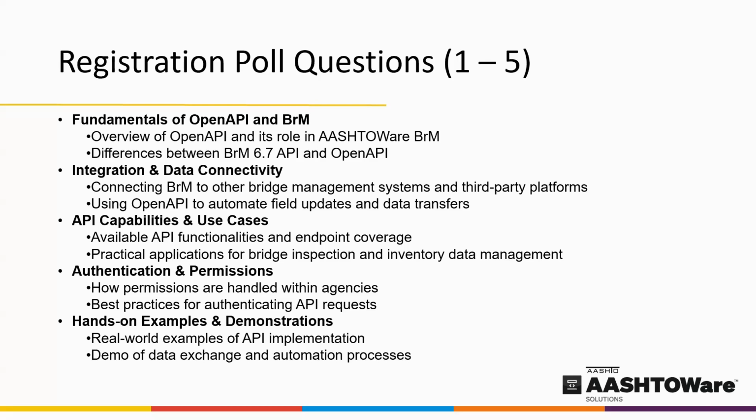So for the current, latest and greatest, and going forward, use the AASHTOWare OpenAPI developer portal for references and documentation on what is entailed with the BrM API. The prior versions will differ from what's available, and we basically have to look at the most recent.